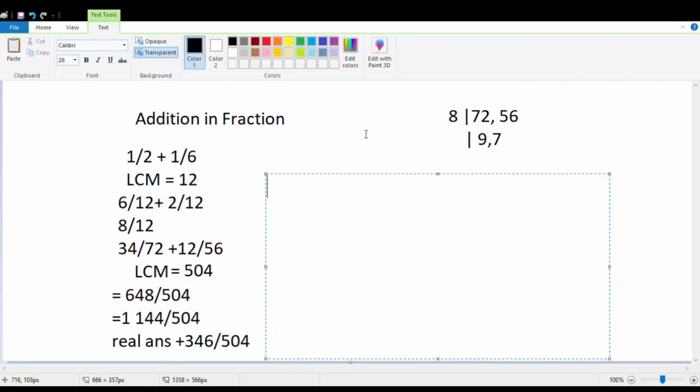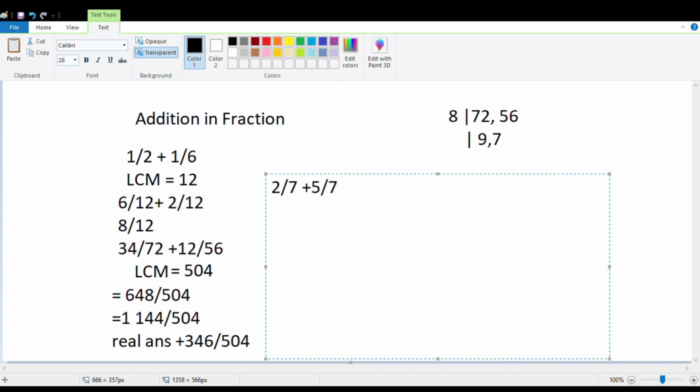Oh yeah, guys, before I go, I promised you some sums which you will have to complete. So here are some sums. 2 by 7 plus 5 by 7.